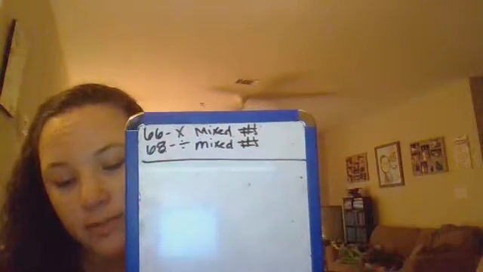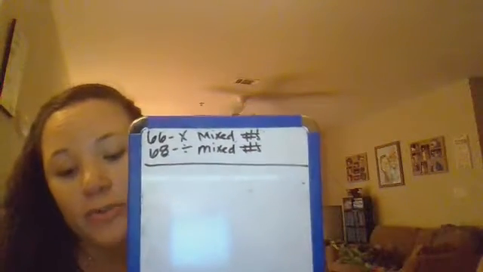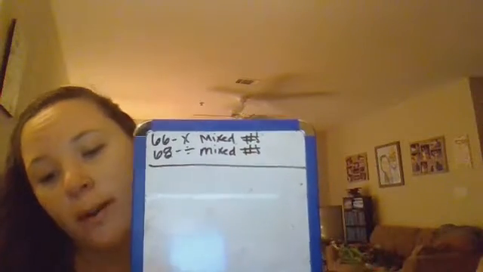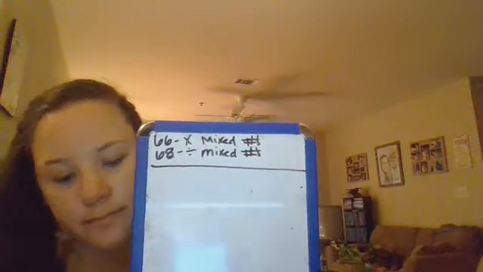So 66 is on multiplying mixed numbers, and 68 is on dividing mixed numbers. There are 3 steps to solve both of these problems.